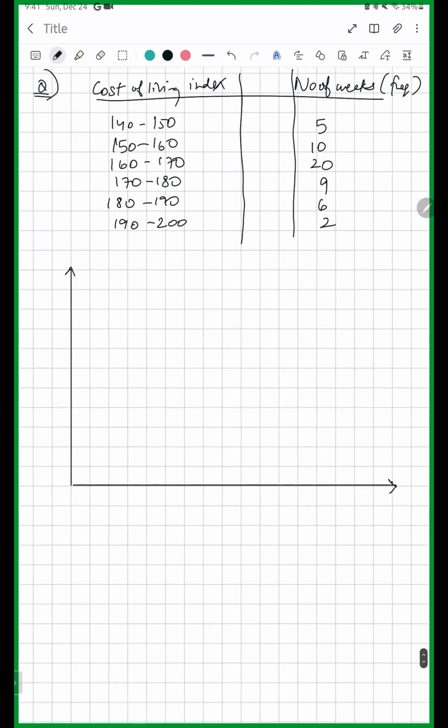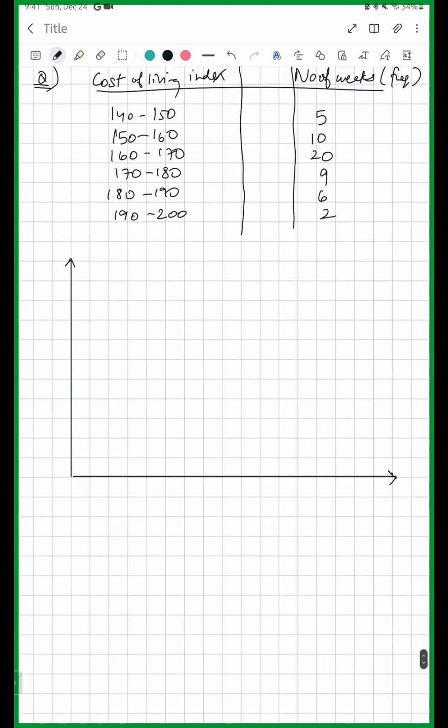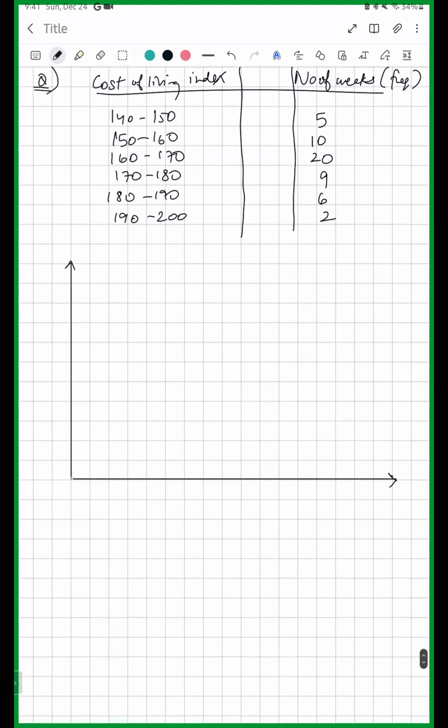All right, now let's get started. So it says 140 to 150, right? So let's say this is 140, 150, 160, 170, 180, 190, and then 200.